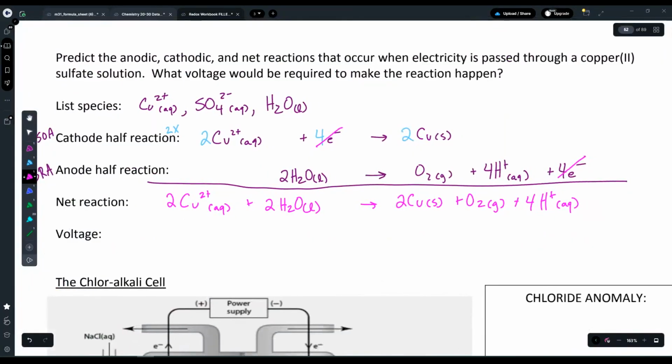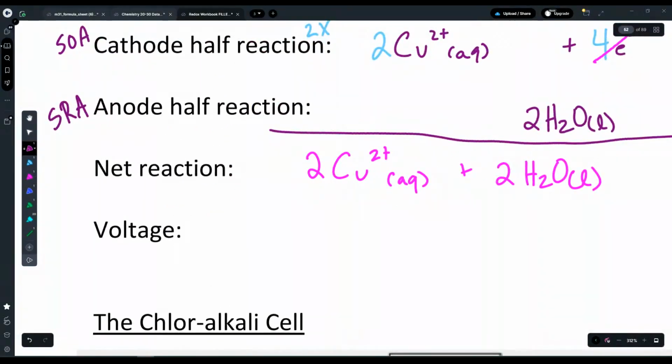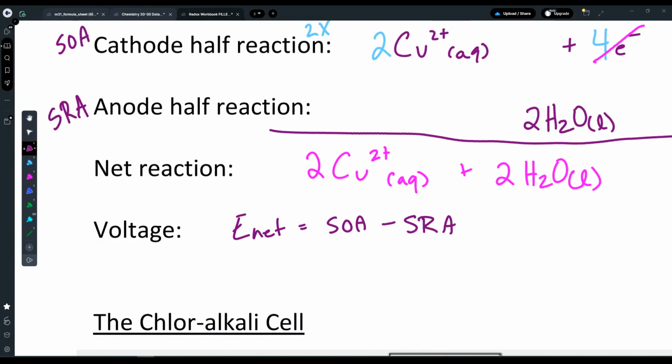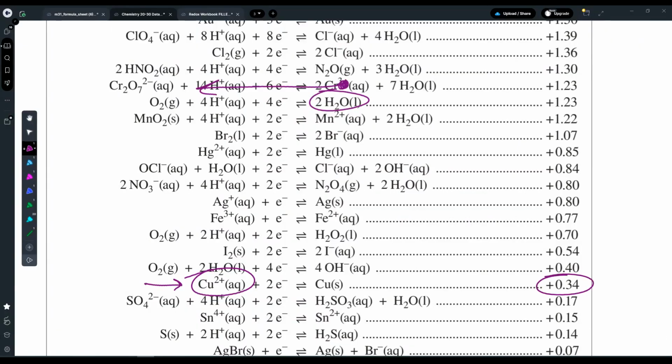Okay, and for the voltage, I'm just going to go with the formula way. So I'm going to go with E net is equal to SOA minus SRA. So the reduction values for both of those, so that would be positive 0.34 for the SOA and then positive 1.23 for the SRA.